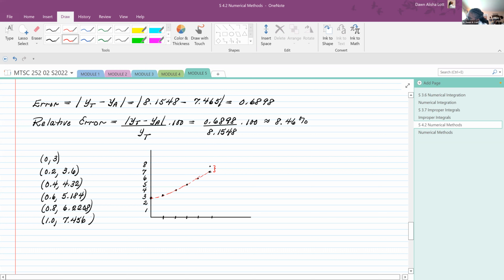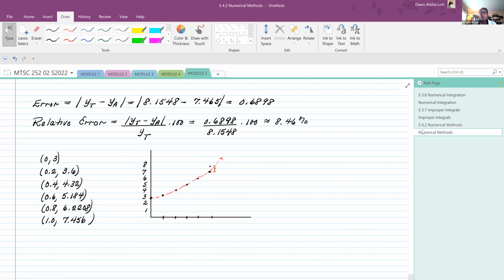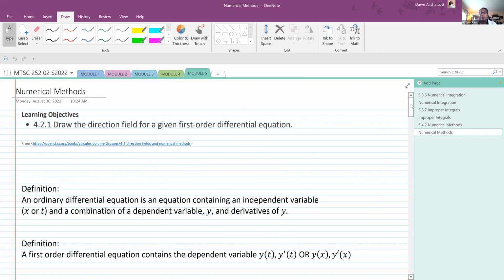It does not look exponential because I stretched it out so that we could get the values, but it actually is growing rather quickly. Okay, any questions about that? Okay, I have one more example.